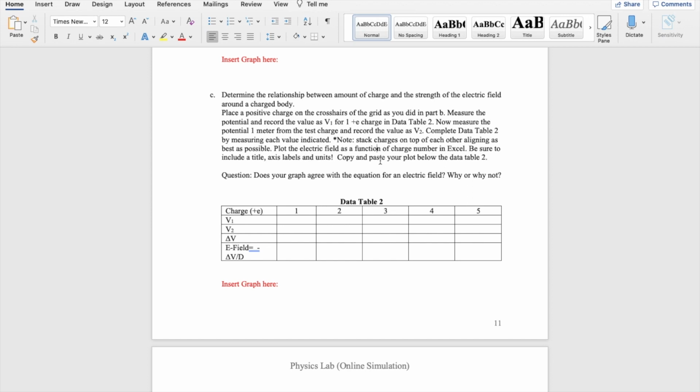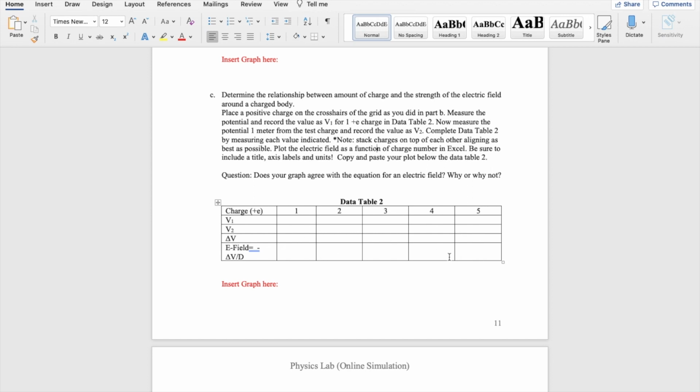Then plot the electric field as a function of charge number, so charge number versus electric field. You plot it, and you'll get an equation. You fit that data, and you'll get a straight line in this case, of course, with some slope.